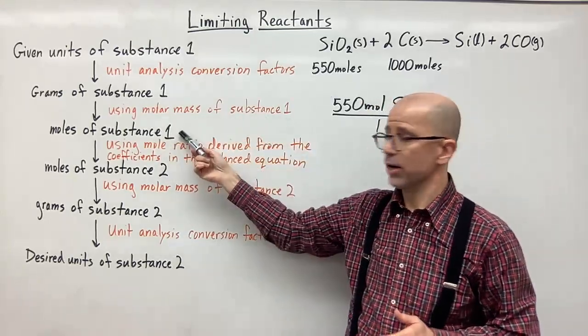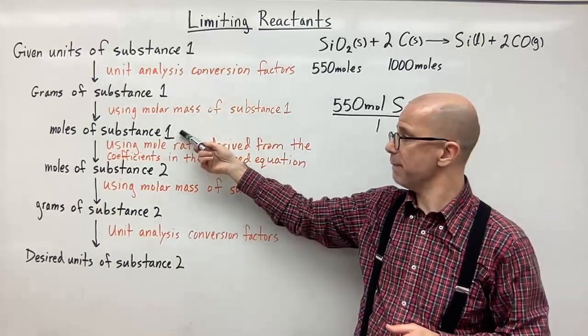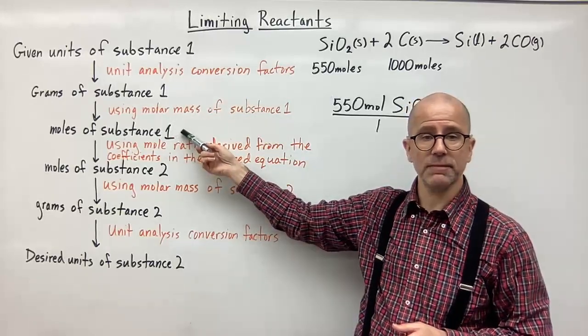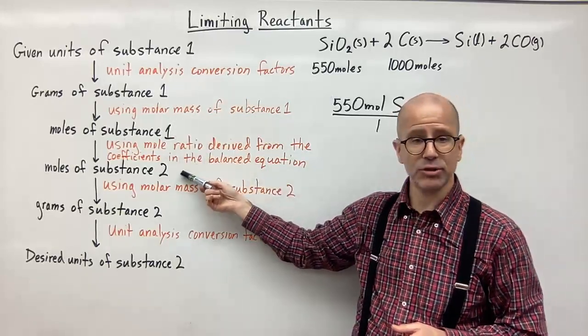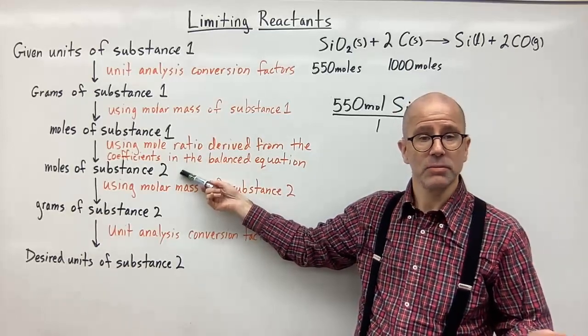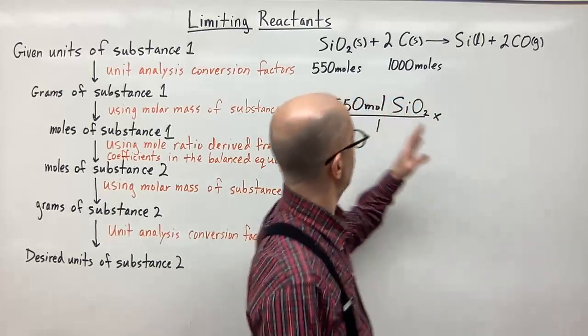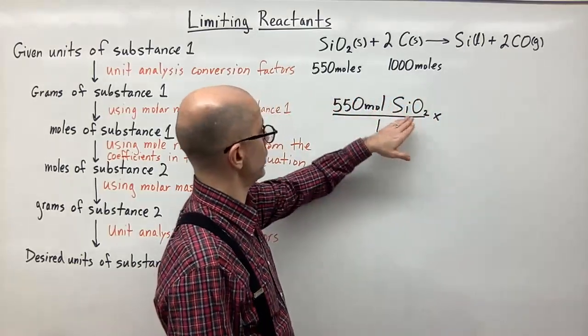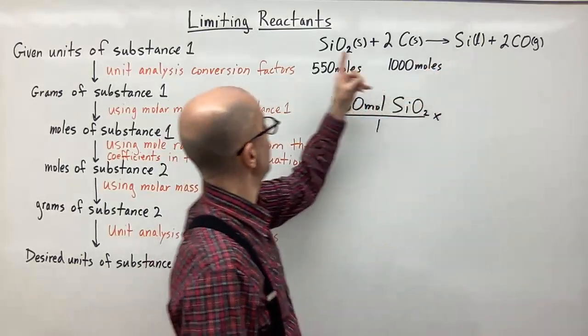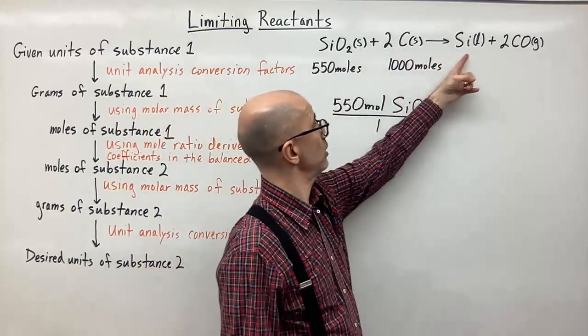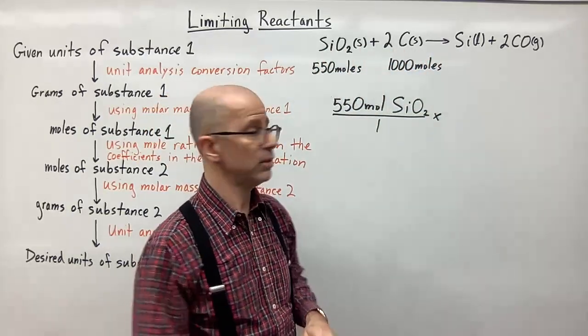So I'm already here. I don't need to convert anything. I've got moles of substance 1, and then I can convert that to moles of substance 2. All I need is the mole ratio between substance 1 and substance 2. That's going to be the mole ratio between SiO2 and Si. And we can see here it's a 1-to-1 conversion.